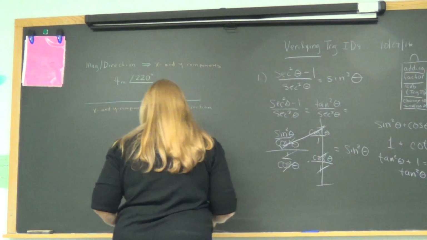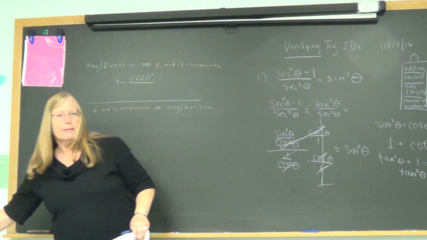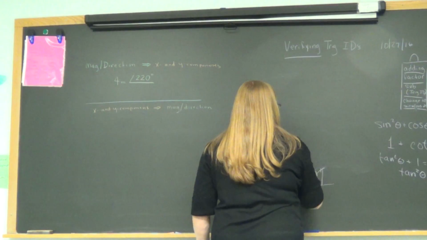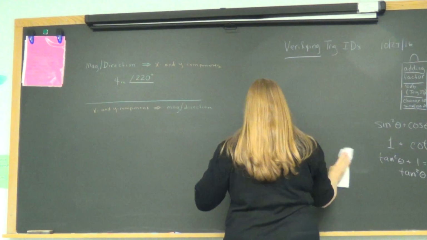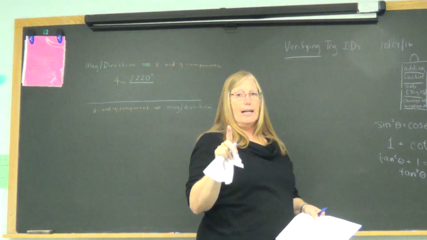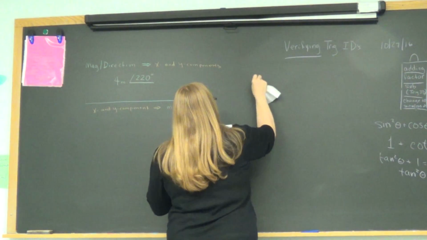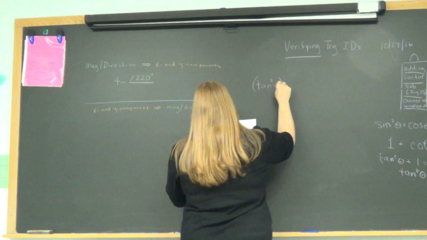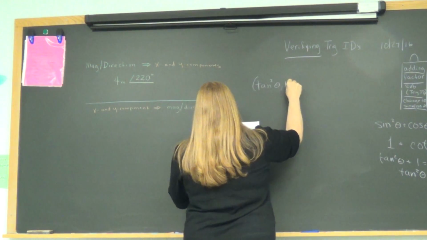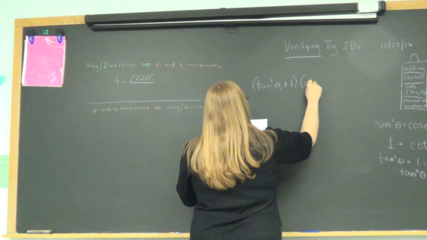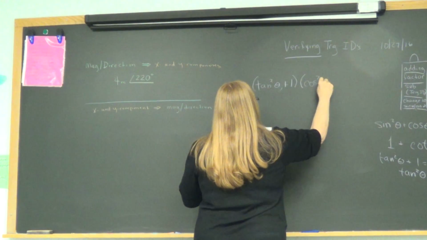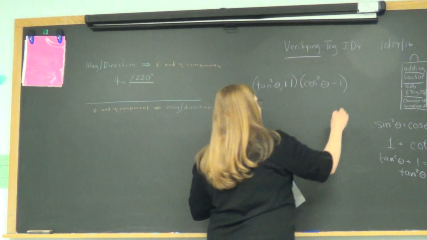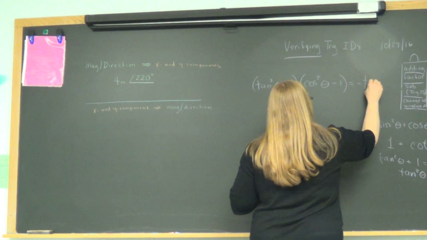Alright, erasures. I want you to verify for me that tangent squared theta plus 1 times cosine squared theta minus 1, when you multiply those together, you get negative tangent squared theta.